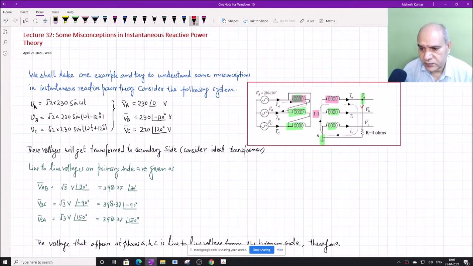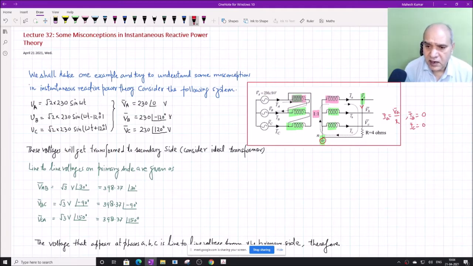The current is straightforward: the secondary side current Ia will be nothing but Va by R, with Va taken with respect to this ground, which is 0. And the currents Ib and Ic will be 0, because there is no load connected between phase b and ground and between phase c and ground. So we will study this.